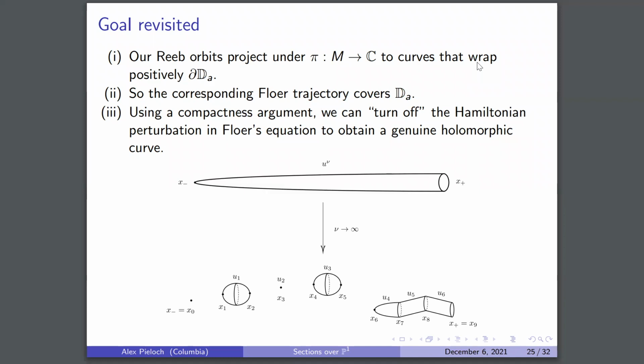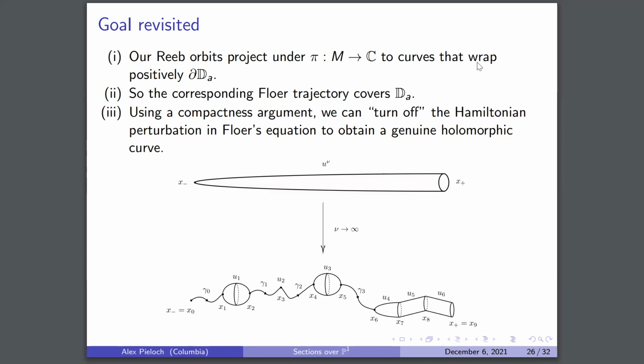Okay, but not all hope is lost. So if you look at an interpolating sequence of shifts between any two non-constant spheres, the energy of that interpolating sequence of shifts is converging to 0. So when you appropriately rescale these shifted Floer trajectories, you find that they converge to Morse flow lines.